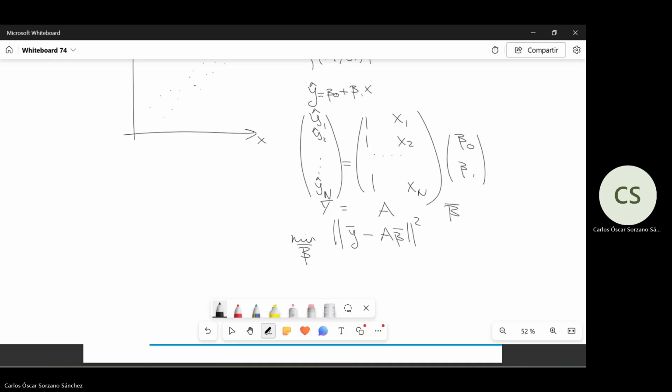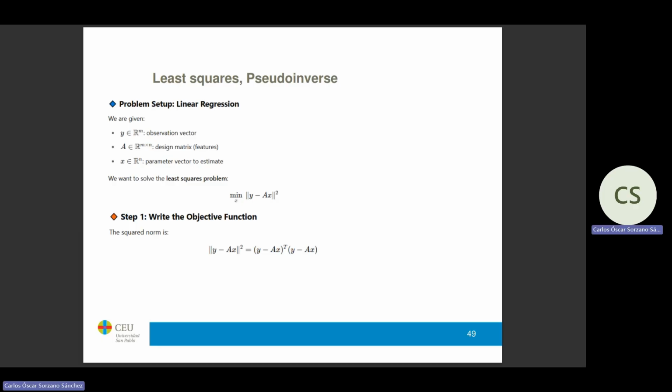So this has the same structure as this one. This is y minus some matrix times a vector, and I'm minimizing with respect to the vector. But this x here is the general setup.